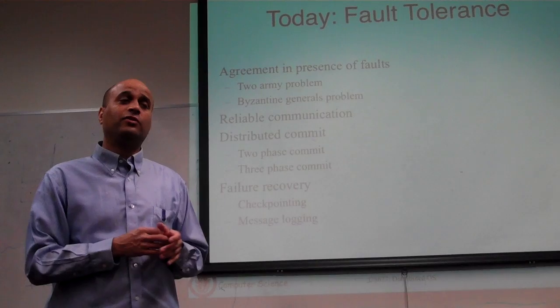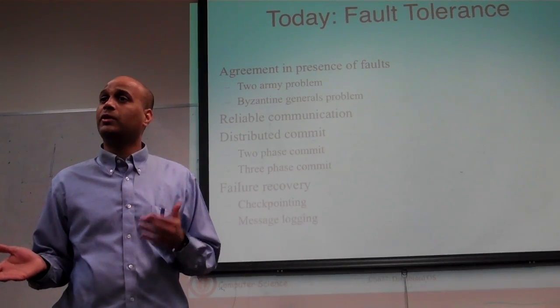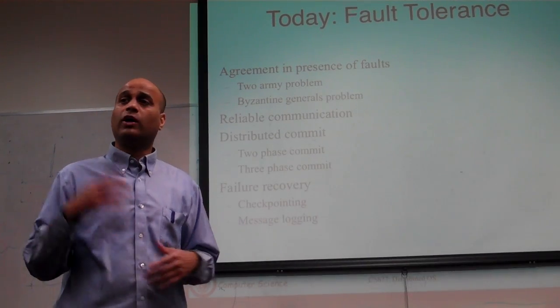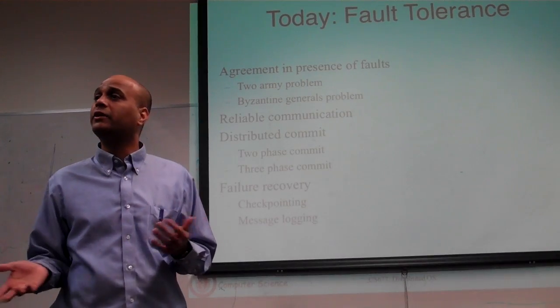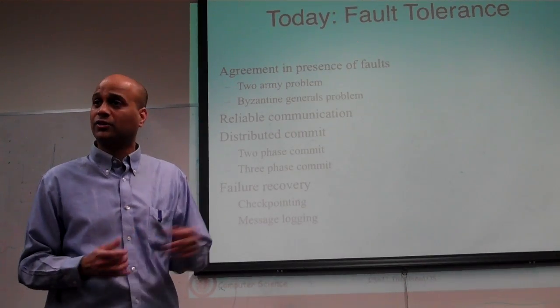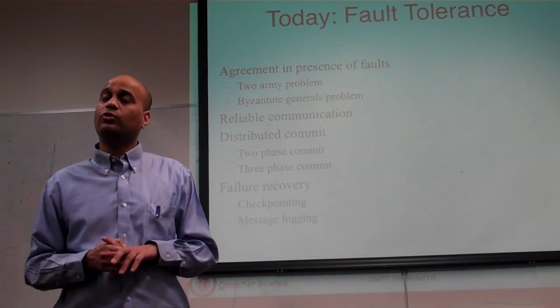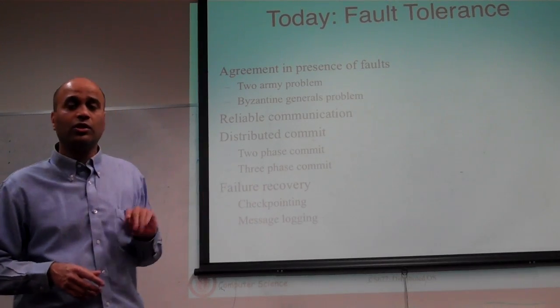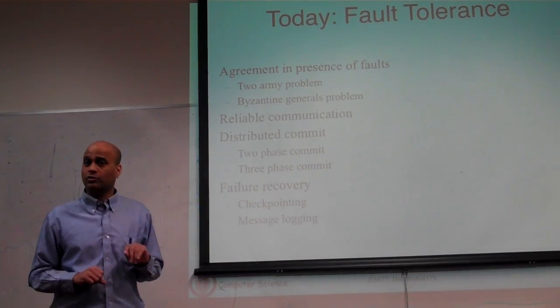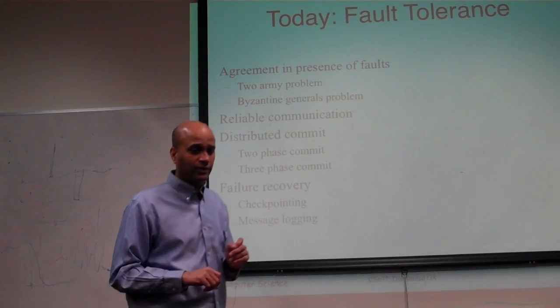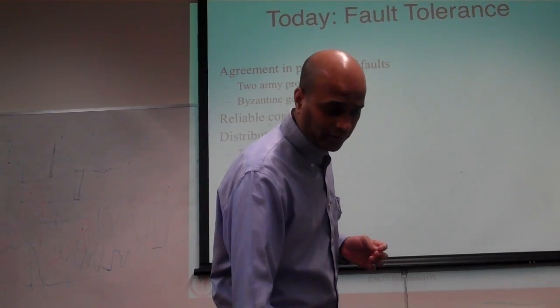But I had said that you can also replicate for high availability. If some machines go down, other machines are still running and they can take over and continue their task. Here we are going to look at how you actually use replication to ensure you can tolerate faults of any sort. That's the connection, the reason we have this sequence.